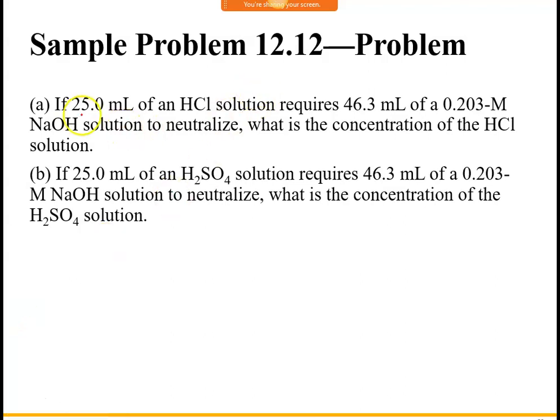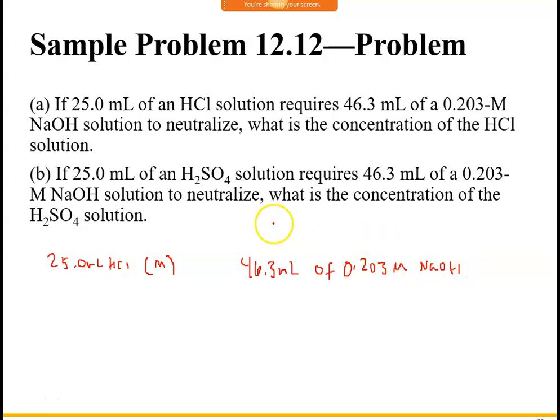Okay, so I'm using 25 mils of HCl, so I know I have 25.0 mils of HCl. I'm looking for the molarity of this HCl. And it's telling me that I used 46.3 milliliters of 0.203 molar sodium hydroxide.